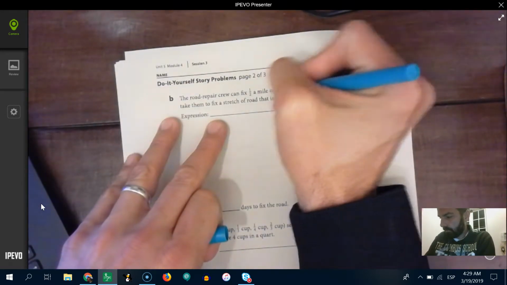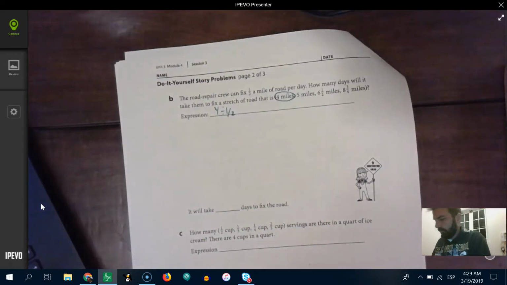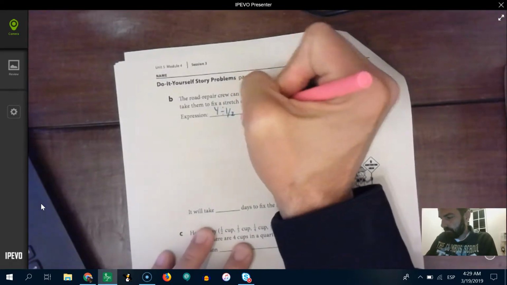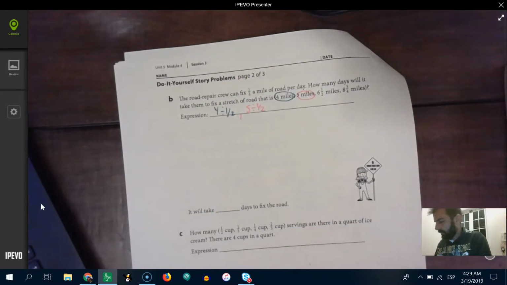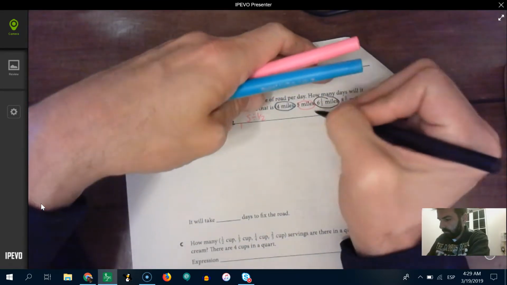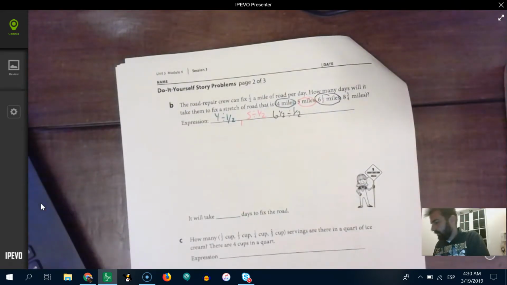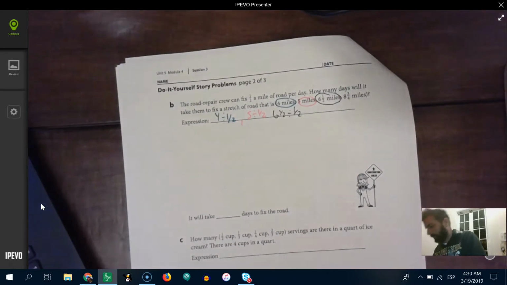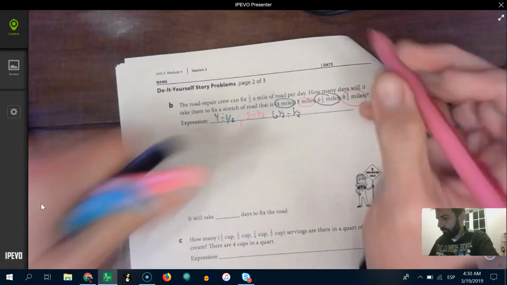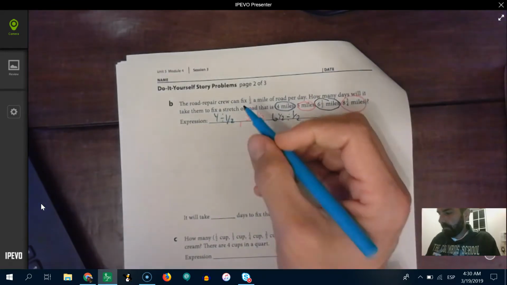So we have 4 divided by a half, 5 divided by a half, 6.5 divided by a half, and 8 3/4 divided by a half.